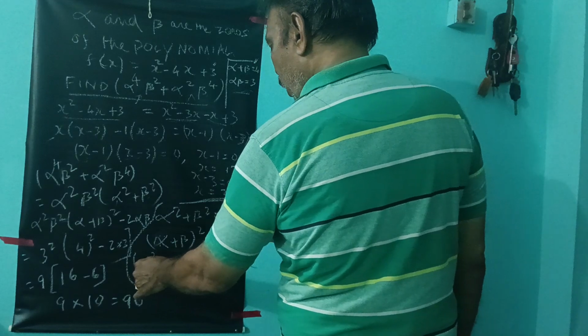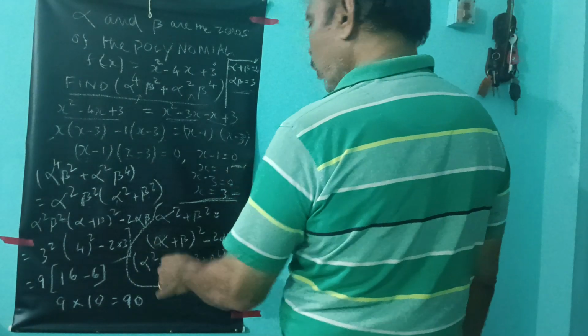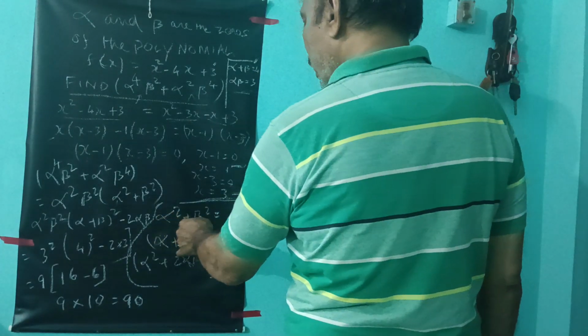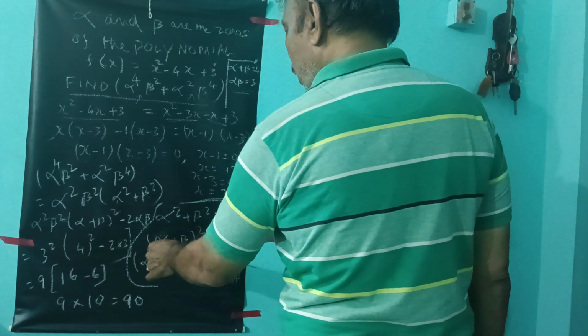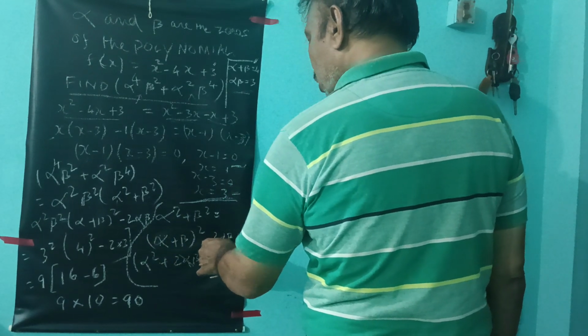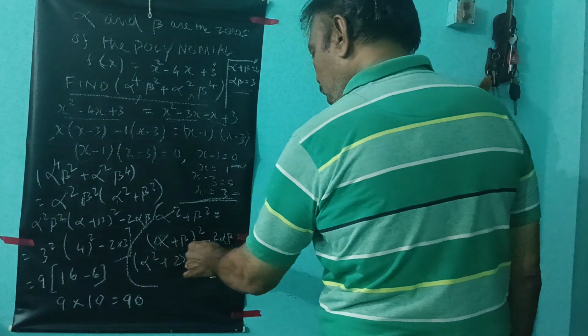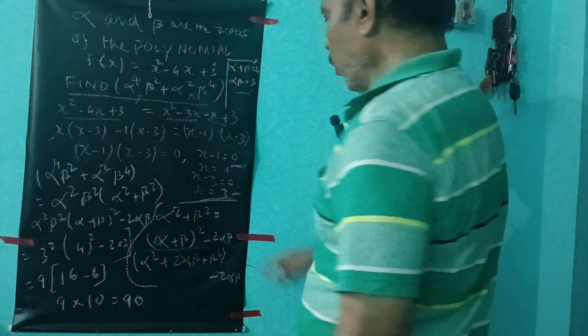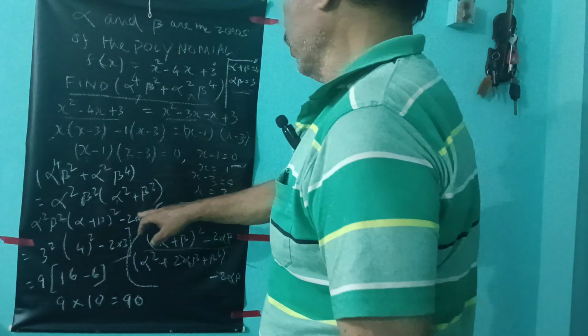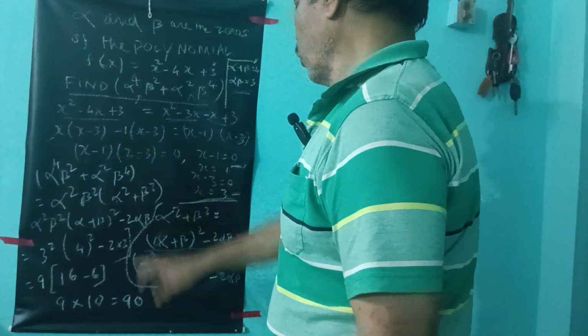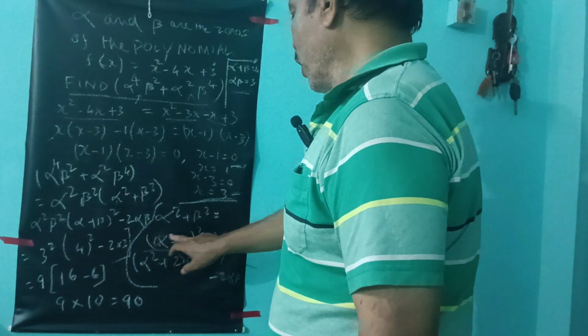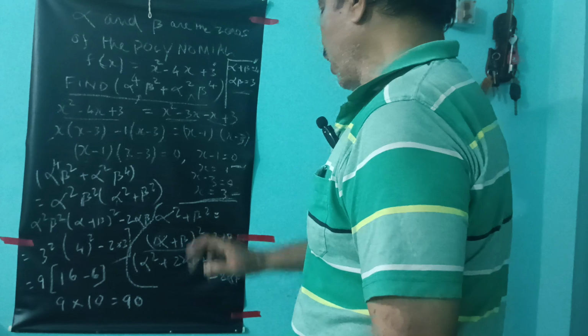So the rest is alpha square and beta square. So alpha square plus beta square can be written as alpha plus beta the whole square minus 2 alpha beta. This is very important. So if anything comes like this, alpha squared plus beta squared can be written as alpha plus beta the whole square minus 2 alpha beta.